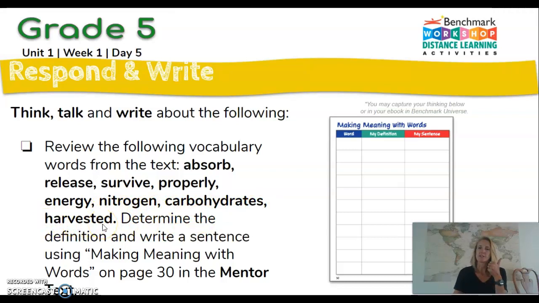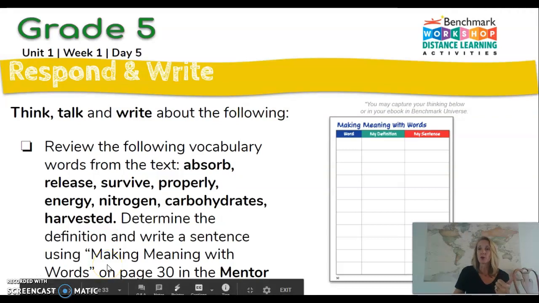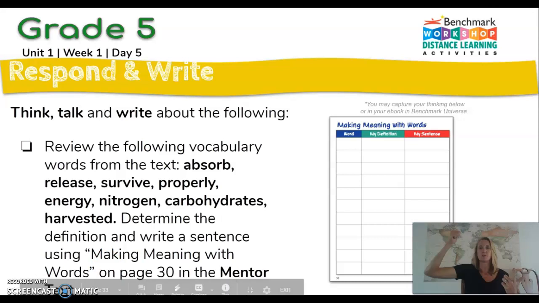We're going to start by determining the meaning. Now, you might use the word in context. So maybe you can reread the sentence or the couple of sentences where the word is found, and you can understand the meaning. So you can write your own definition. Maybe you already knew the definition from your past experiences. So again, you can write it in your own words.